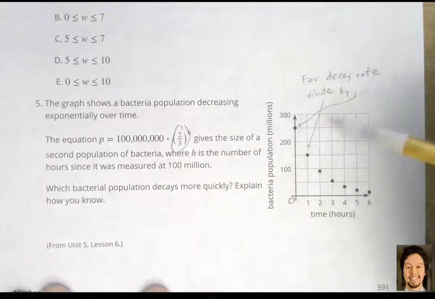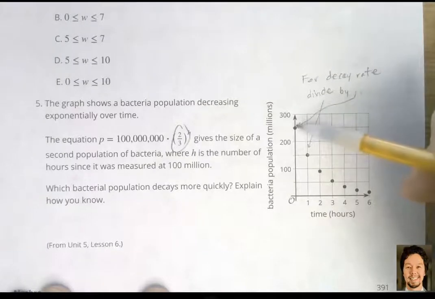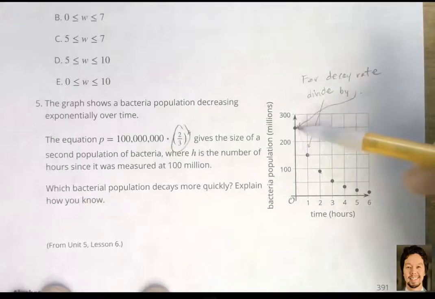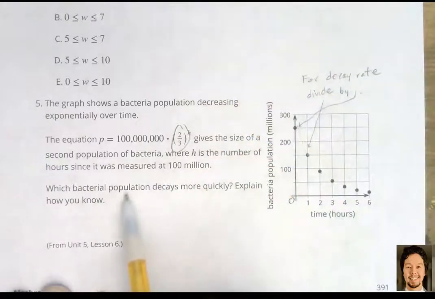So in order to find the decay rate, you need to divide this y value by this y value, and then this y value by this y value, and this y value by this y value. So once you find that common ratio, or that factor of decay, and it should be consistent, compare it with this one and tell me which population decays more quickly. Good luck to you.